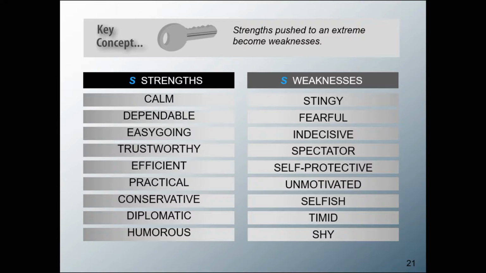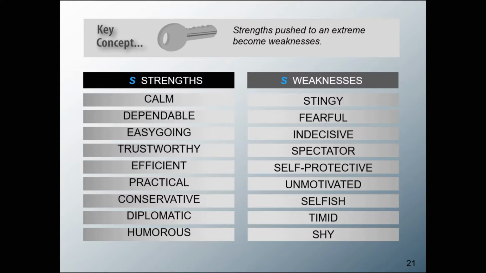They are calm, dependable. Yes, we can rely on them. They are easygoing, that's okay. You want them to do something, they'll do it. They'll say yes. Sometimes they say yes too much. They say yes too often.